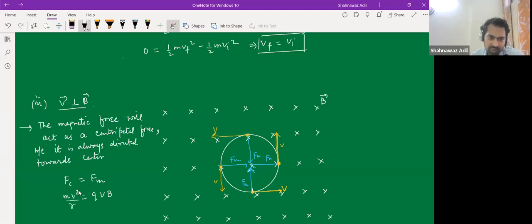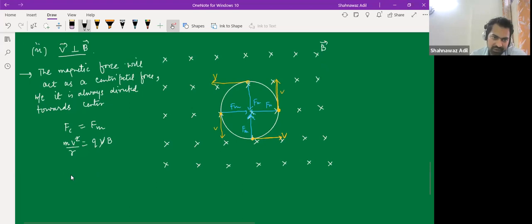So mv square by r, this cancels, and then we get the radius of this circle, which is equal to mv by qB. So this is the radius of the circle.